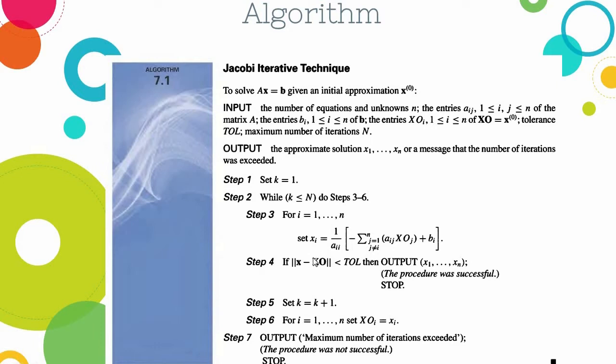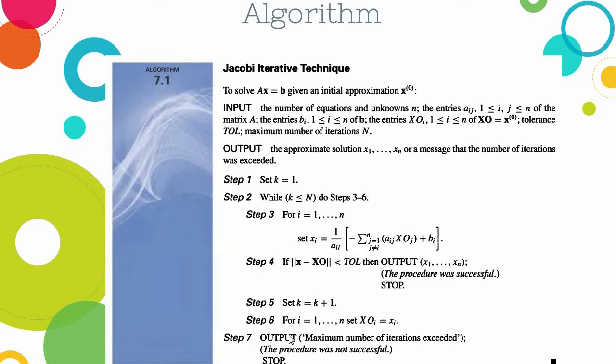This is also the criterion for whether we output the solution or not. If it is less than the tolerance, we output the solution and stop the while loop. If it does not satisfy this condition, we update k, and also update the value of x0. x0 means the last step of the iterations.